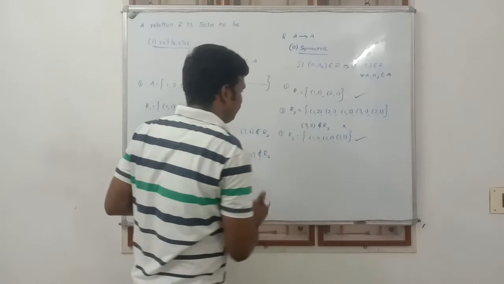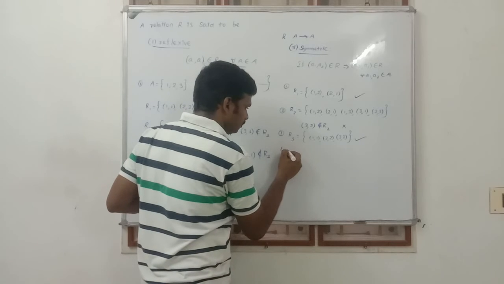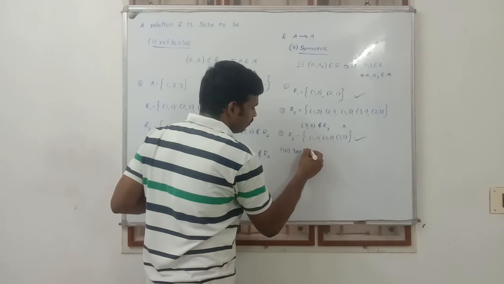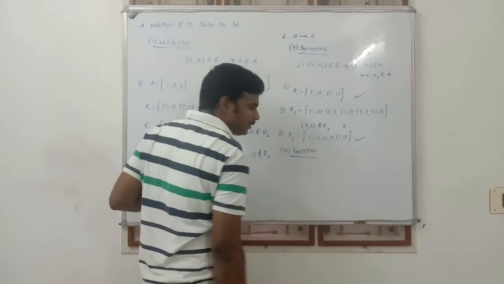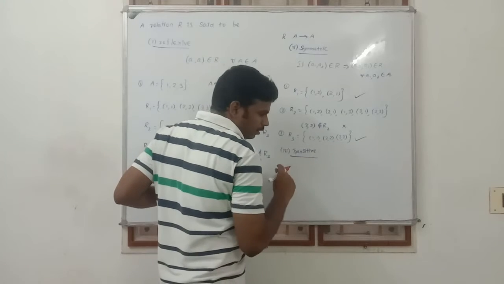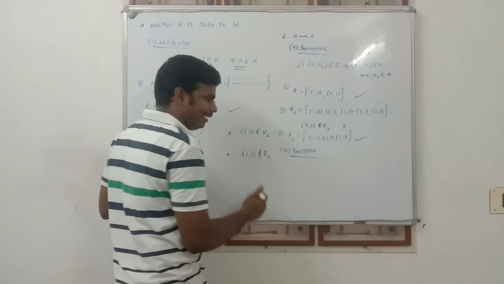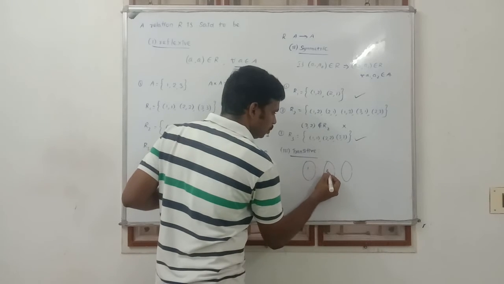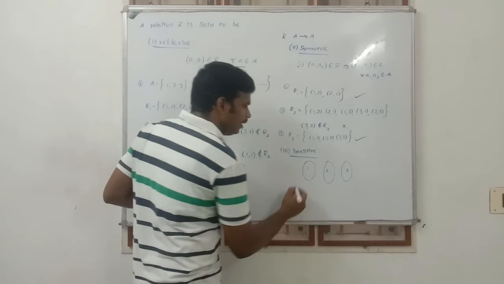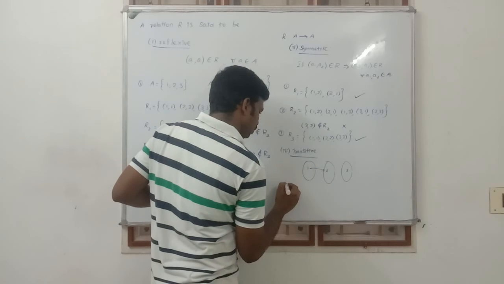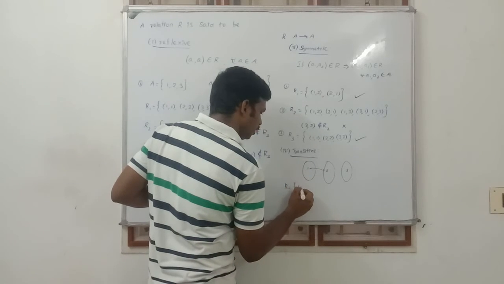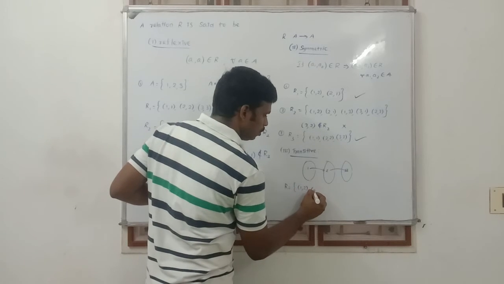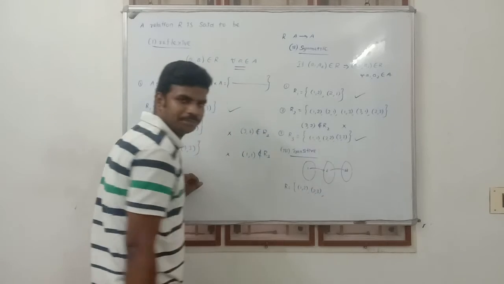And the last concept is transitive. I am going to define the concept using a diagram: 1, 2, 3. 1 is mapping to 2, so in R that means (1, 2). Next, 2 is mapping to 3, so (2, 3) is also there.